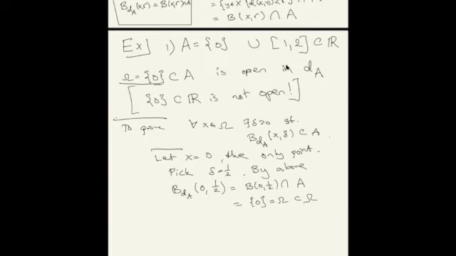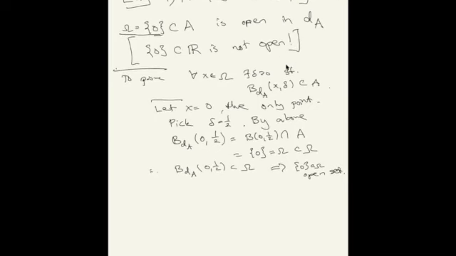So we get that the d_A ball of radius 1/2 is a subset of our set omega. So the singleton {0} is an open set. So the restricted distance has different open subsets than the whole thing.